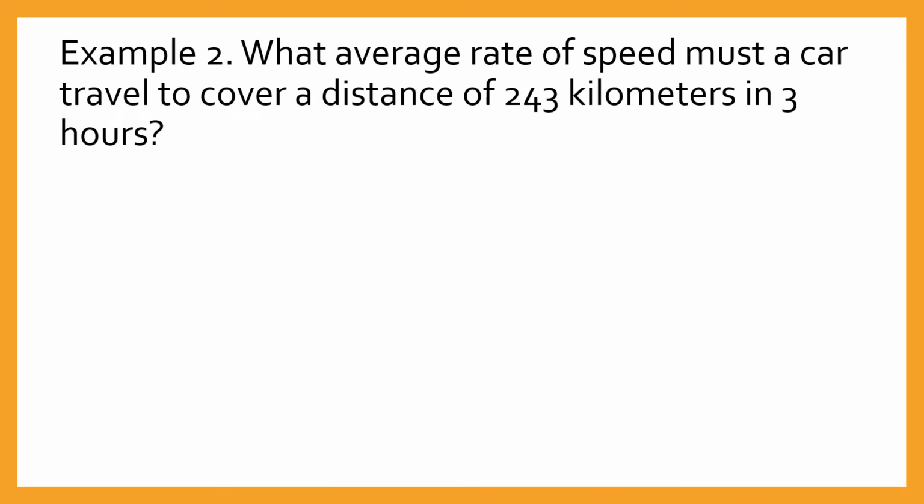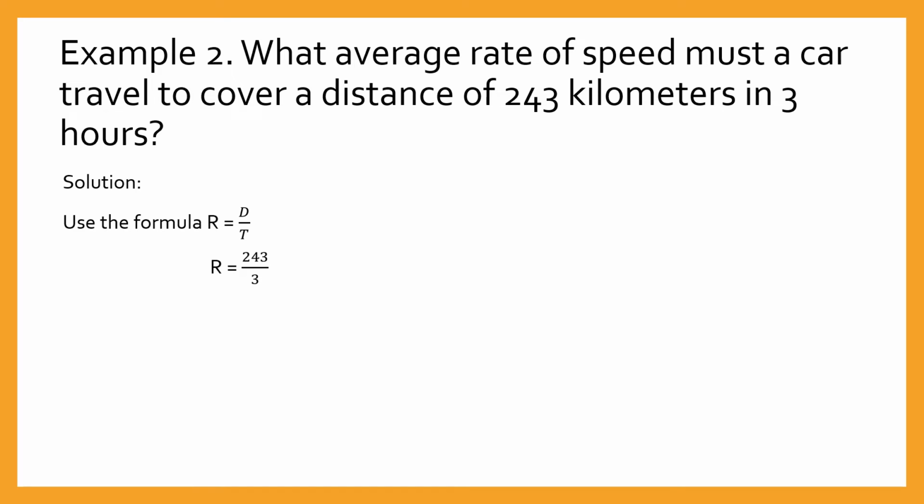Sample number 2. What is the average rate of speed a car travels to cover a distance of 243 kilometers in 3 hours? Okay, so syempre average rate ang hinahanap natin, ng speed. So ito yung solution. Use the formula rate is equal to distance over time.